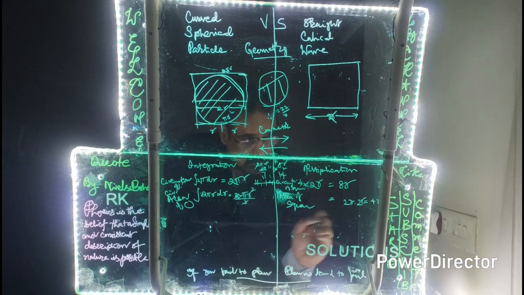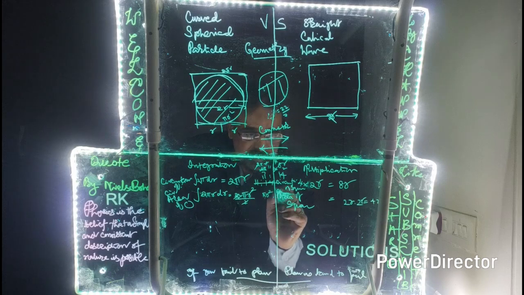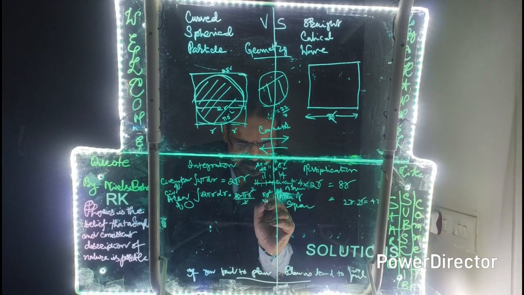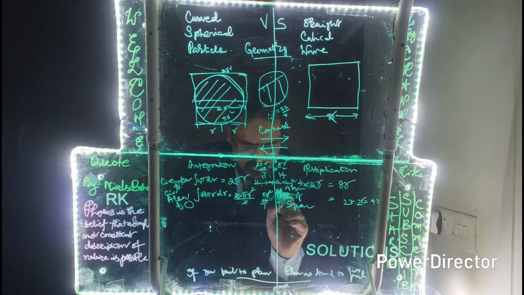Now we'll do the same thing for area. Area is pi r squared. Here the area is 4r squared. R squared we can cancel. 22 by 7, and 4. We again get 11 is to 14.